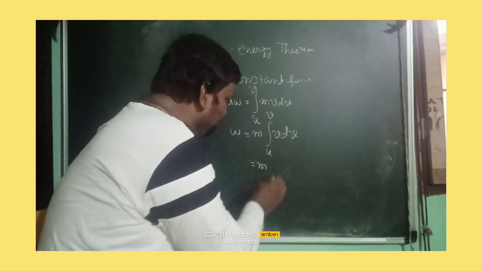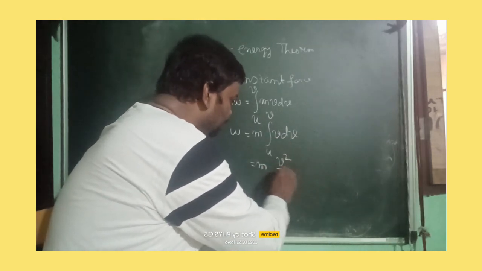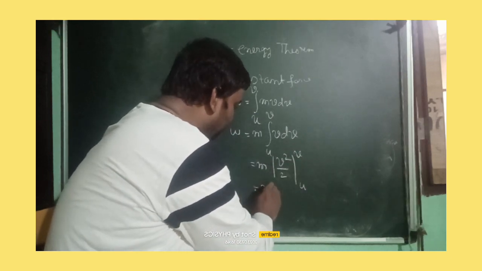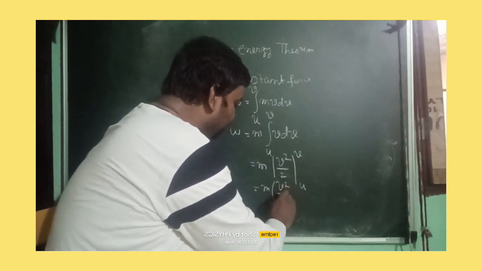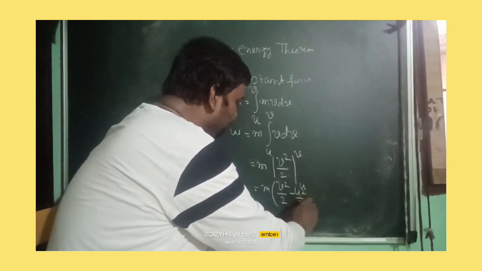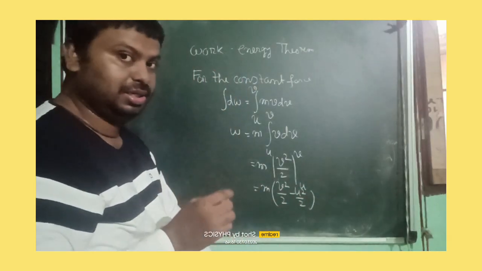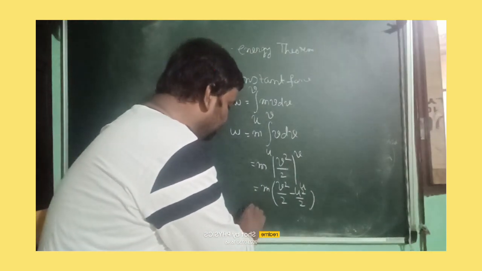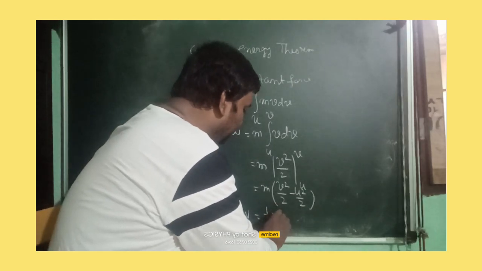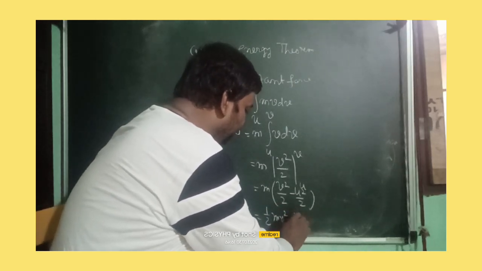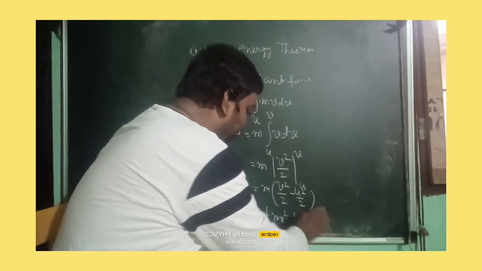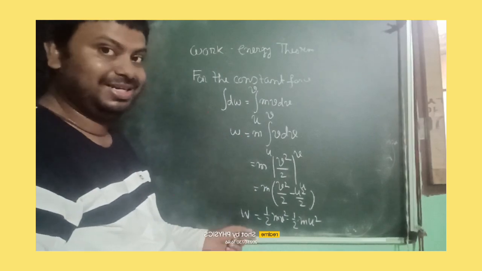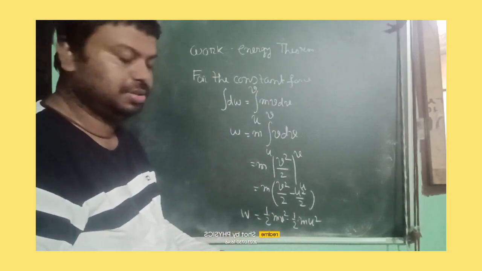That is equal to the integration of v square by 2, from u to v, so m into v square by 2 minus u square by 2. So here we certainly reach the result: W is equal to half m v square minus half m u square. That is the change in the kinetic energy, which is equal to the work done.